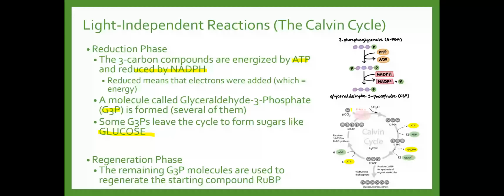Carbon dioxide comes in, it's fixed to RUBP, it breaks up into 3-carbon compounds. The 3-carbon compounds get energized, some come out to make sugars, the rest go back to make RUBP, which binds to carbon dioxide. So that's kind of the basic process of the Calvin cycle.